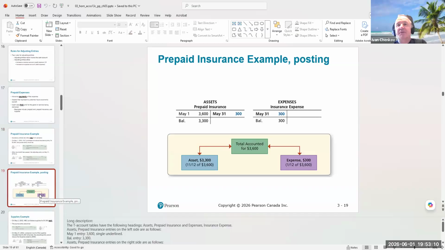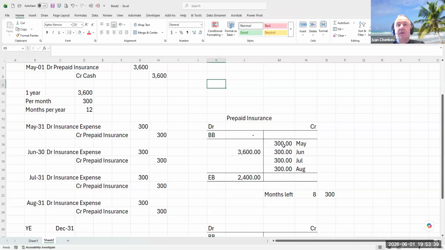So let's go with our adventure here, with the prepaid insurance. Okay, the prepaid insurance on May 1st. On May 31st, 1 month already passed. So what's happened now? Our prepaid insurance went down by $300, but our insurance expense increased by $300. Now, in our example, when we're doing it on the Excel spreadsheet, by the end of August, our prepaid insurance is $1,400.